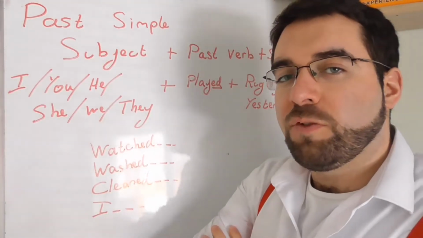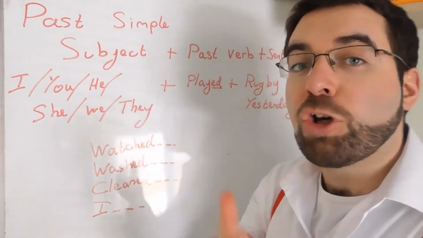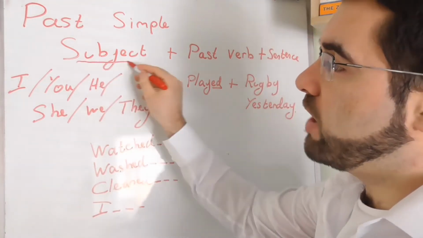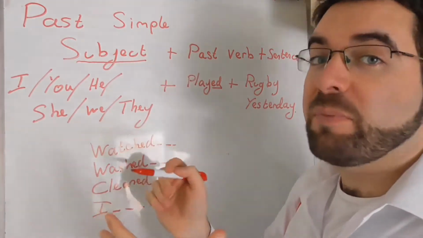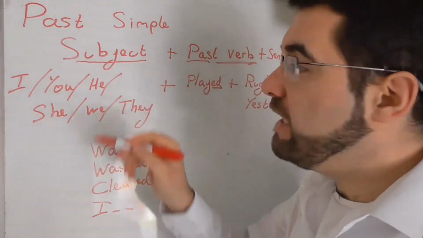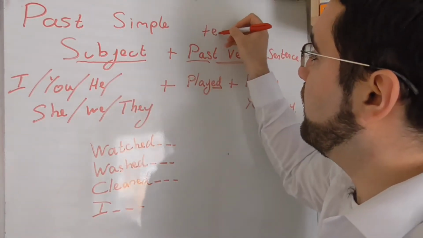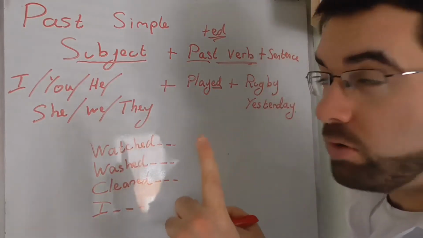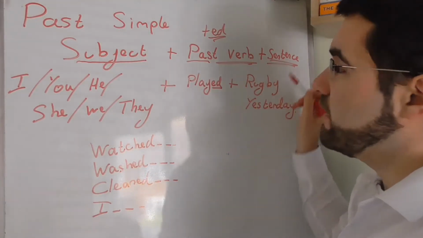So, let's look at a few sentences then, and how to create a sentence with the past simple. So we have the subject, who the sentence is about, plus the past verb, plus ed to make it a past tense, if it's a regular verb of course, and the rest of the sentence.